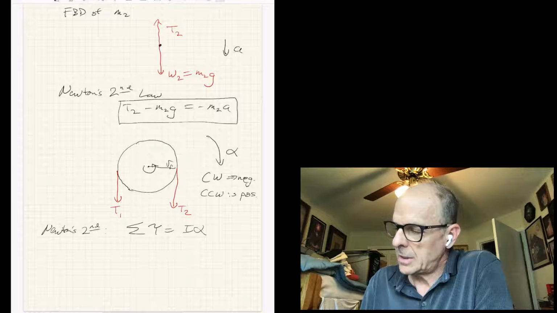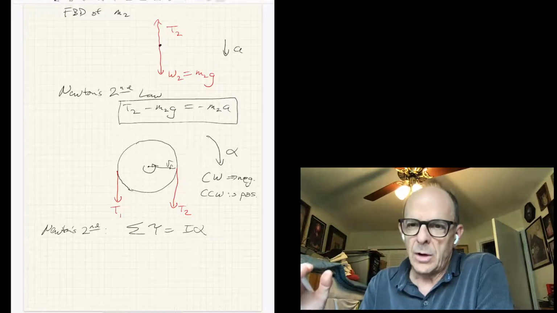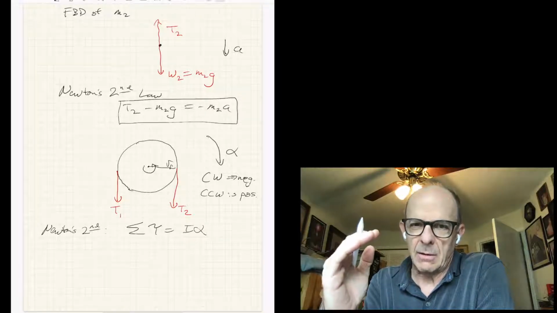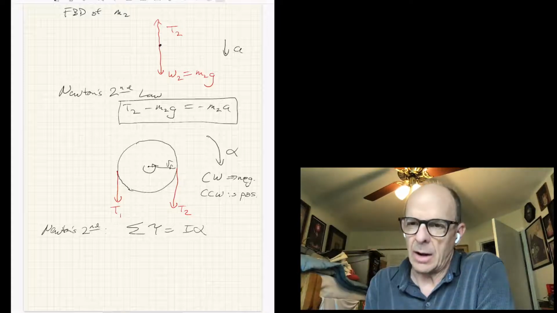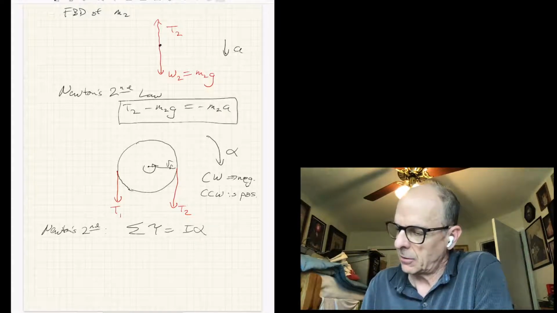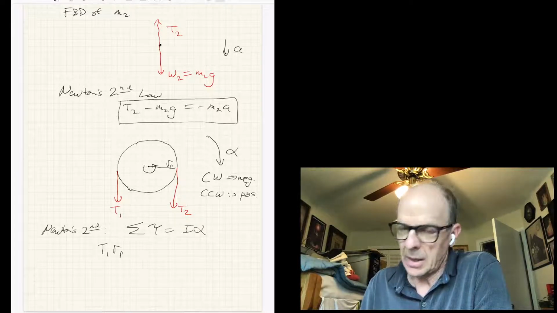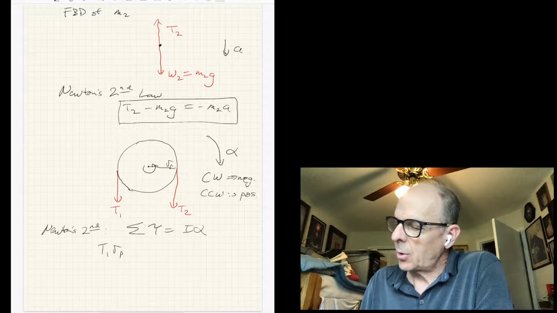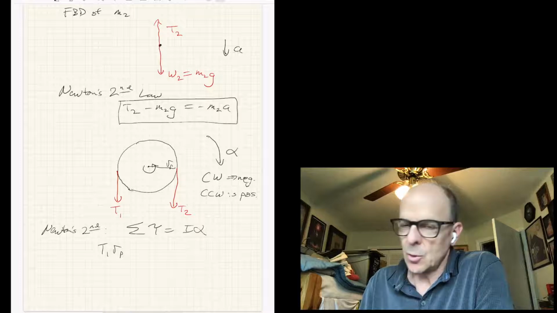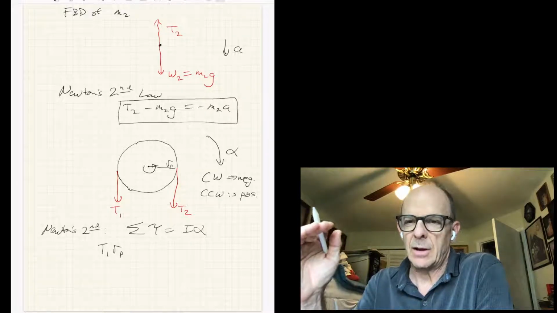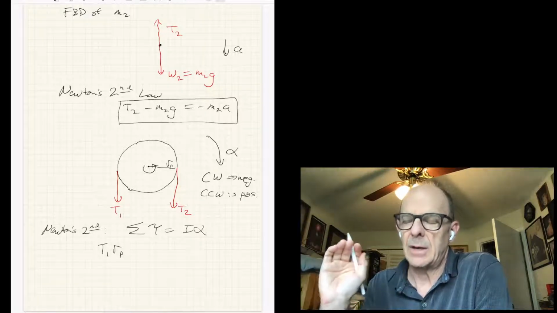Well, the torque due to T1 would make that thing want to rotate counterclockwise. So that is a positive torque. And that torque is T1 times RP. The torque due to T2 would make it rotate clockwise, which is negative.